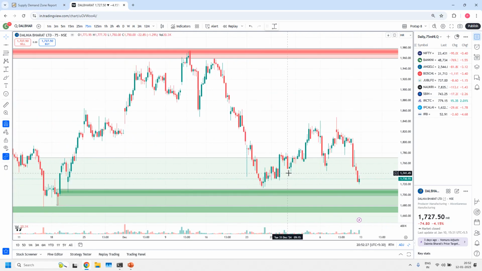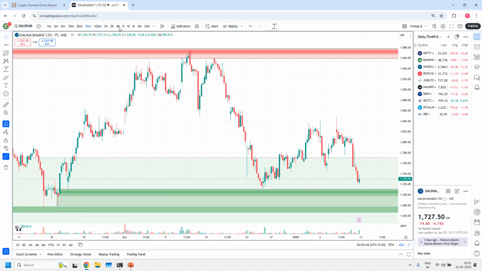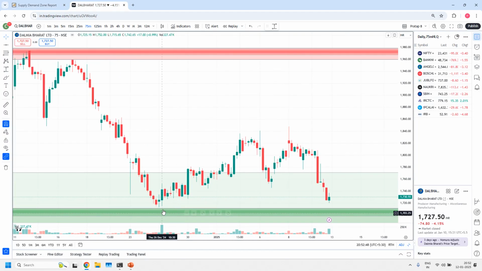But what our software is talking about is the supply zone. See, it is having a 75-minute zone, that is a pierced zone, the one probably we just deleted. Pierced zone maybe because this order flow is holding the prices. This is the one.